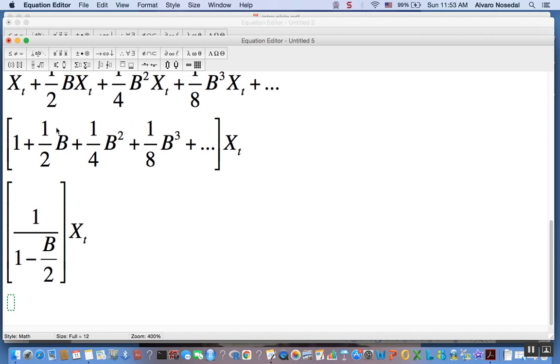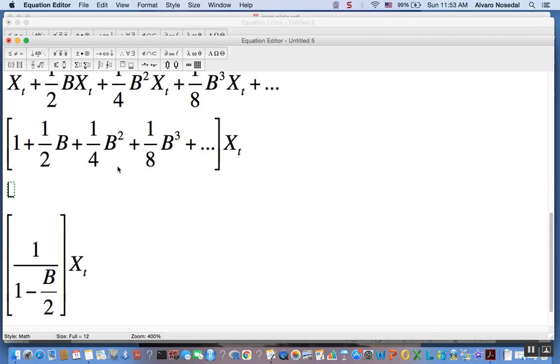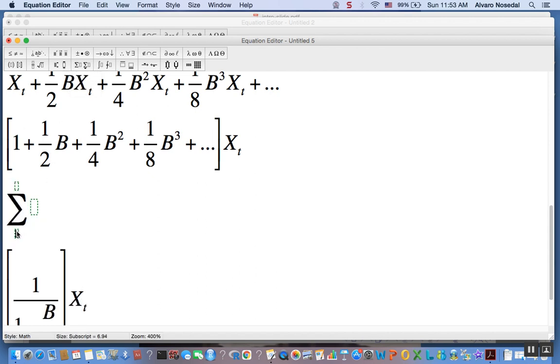So let me rewrite this inside those square brackets using the shorthand notation that you have seen in the past for series.